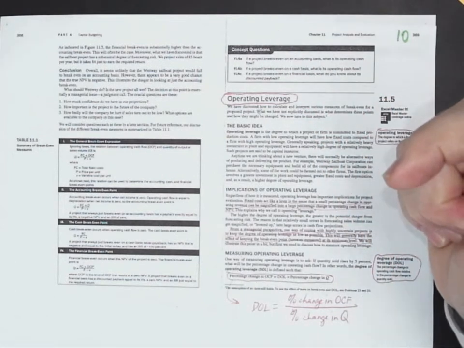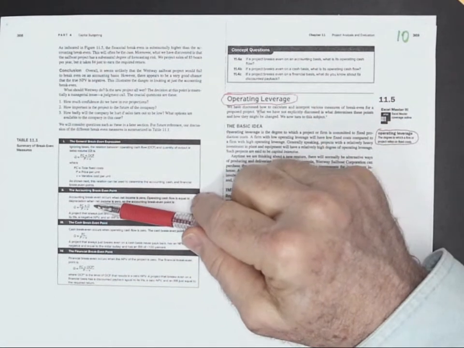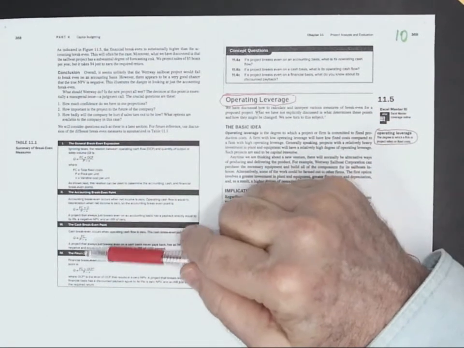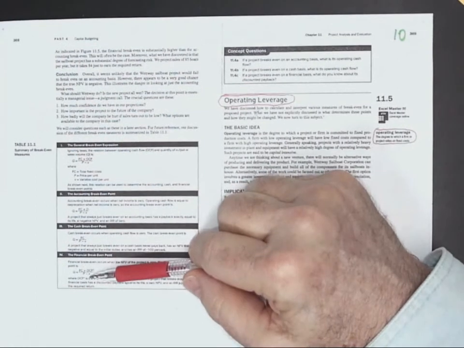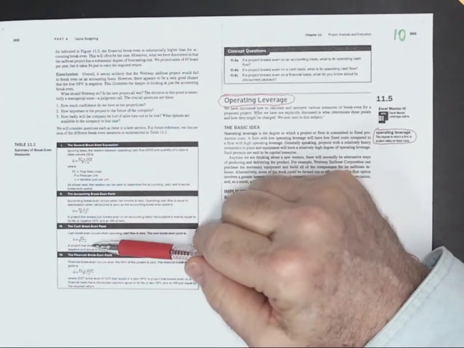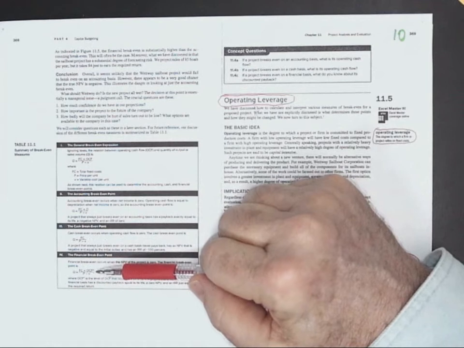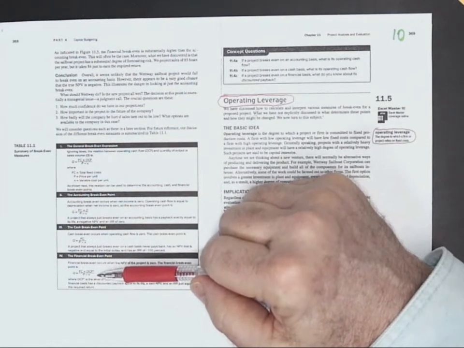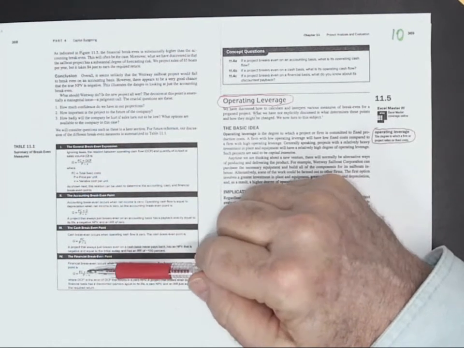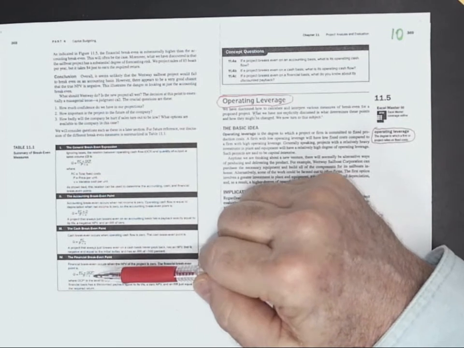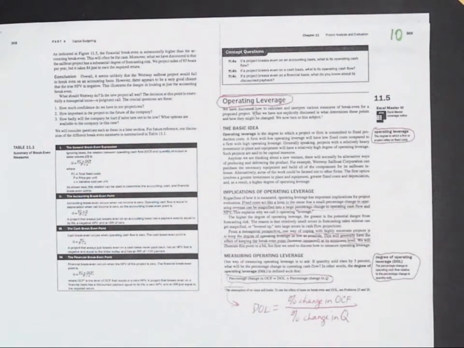I wouldn't be too concerned about all that. You do need to know these formulas so you can calculate accounting break-even, cash break-even, and financial break-even, at least for homework. I wouldn't expect you to do this one on an exam, though.